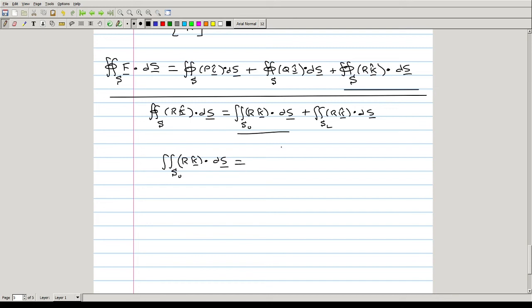When we go through and apply our previous parameterization, this is the same thing as the double integral over R1 of 0, 0, because we're doing just the surface integral of R k hat. And this is going to be the third component R evaluated at this parameterization, which is R of x, y, and then the function z upper of x, y.